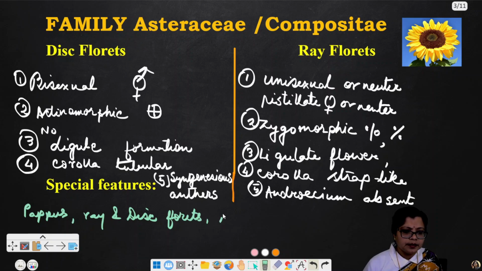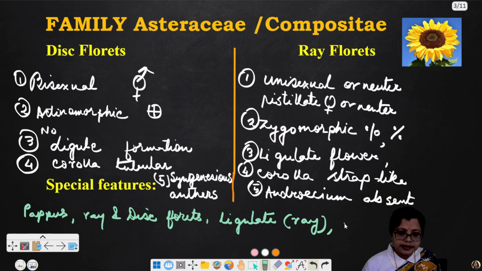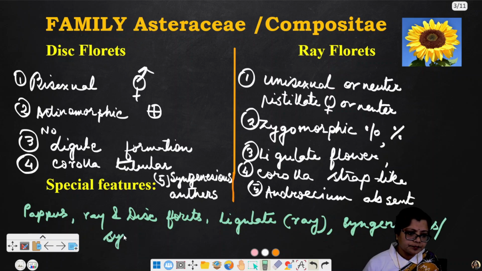Then ligulate ray florets, which are present, ligulate ray florets, both actinomorphic and zygomorphic flower. And then we have to remember syngenesious, it is also termed as synantherous stamen.